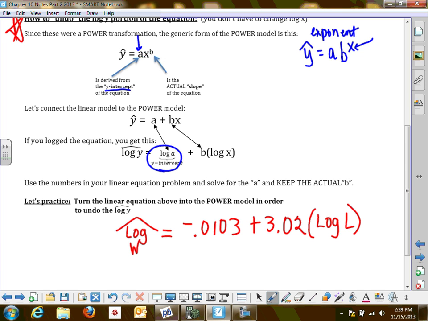Okay, but look here. The variable is no longer an exponent. The variable in the power model is the base of this exponent function here, okay, the base. And furthermore, this b value, you do not have to unlog it. It will be the real b that occurs in the equation you got.